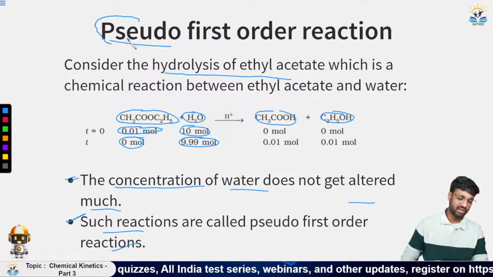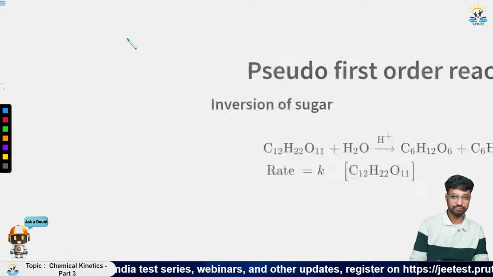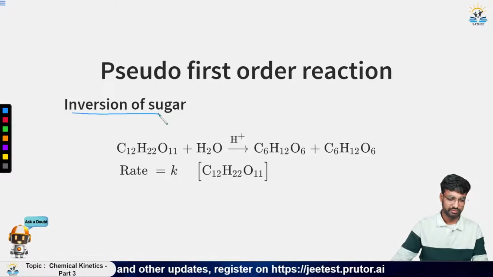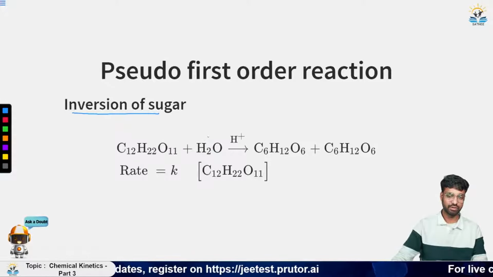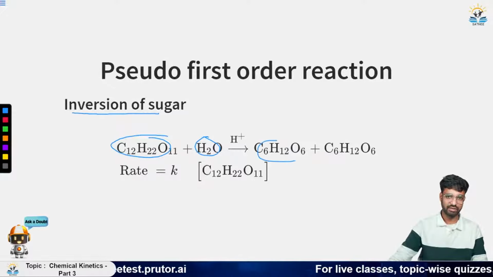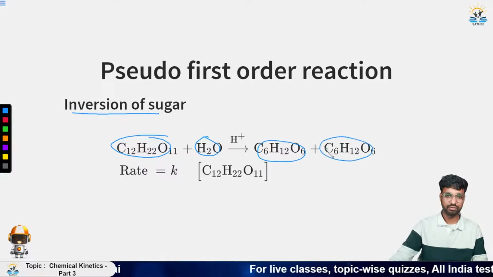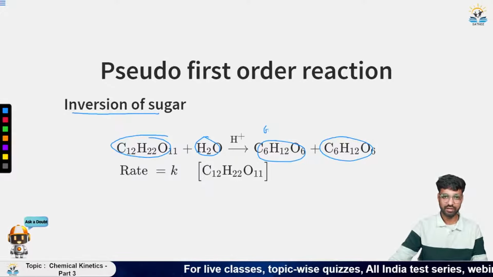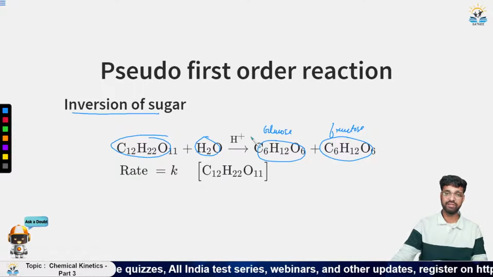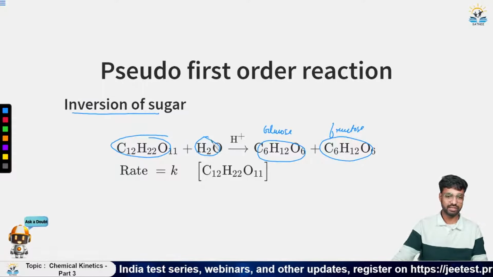Let us take another example. This is the inversion of sugar. Inversion of sugar also involves water. We are taking sugar and inverting it, getting glucose and fructose. So two products are formed here, glucose and fructose. Likewise in the hydrolysis of ester, we have seen that there is a very small change in the concentration of water.